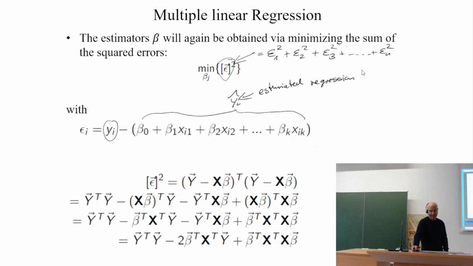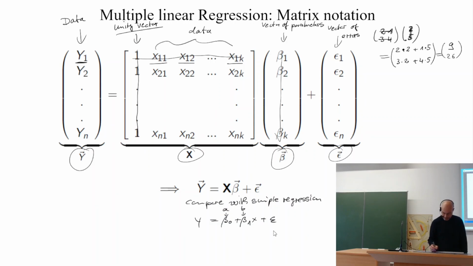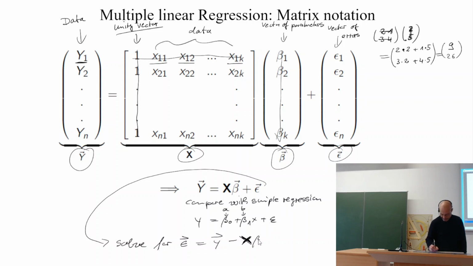Well, and in vector notation, of course, then we have epsilon vector. This we find on the former slide. This can be solved for epsilon, and then we just obtain y vector minus x matrix times beta vector.